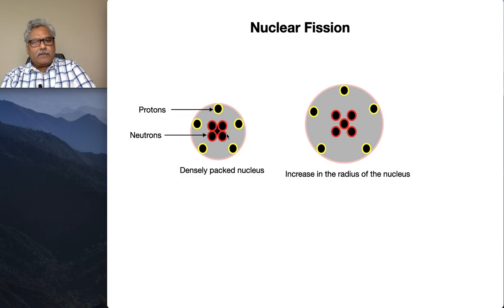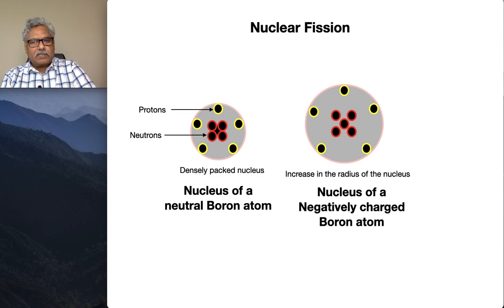And when this expands a bit, where these particles separate from each other, that is an increase in the radius of the nucleus. When that happens, that should release energy. If the concept of fission is correct, this also should release energy.